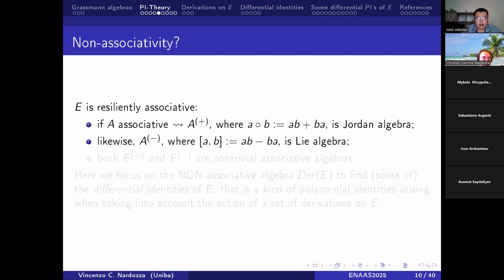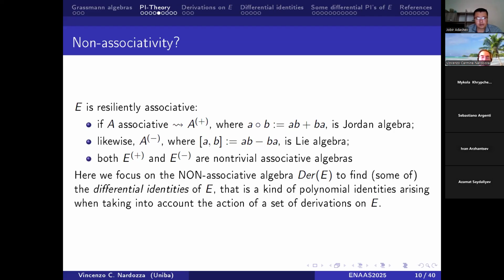But both these methods do not work with the Grassmann algebra, because both E plus and E minus are Jordan algebras and Lie algebras, of course, but they are at the same time still associative algebras. So E plus is a Jordan and associative algebra, and E minus is a Lie algebra but at the same time an associative Lie algebra. So E is resiliently associative, one can say this way.